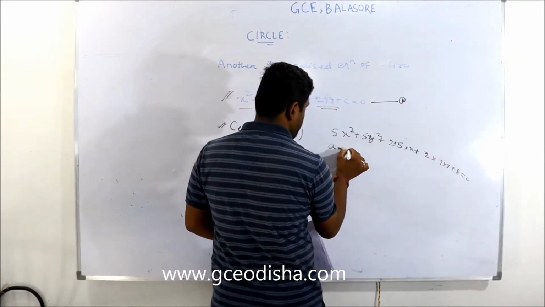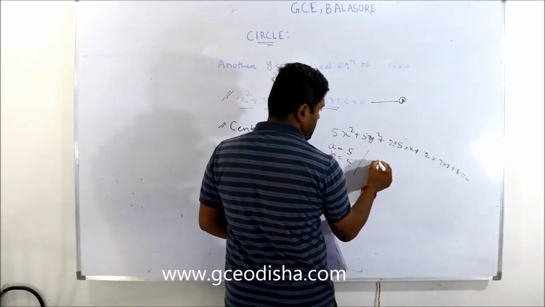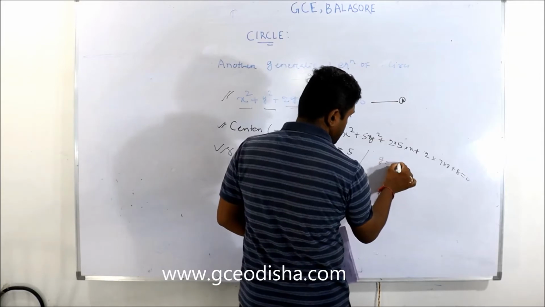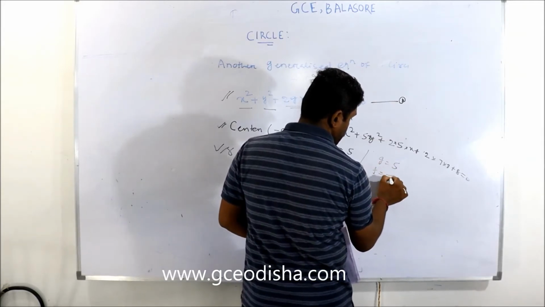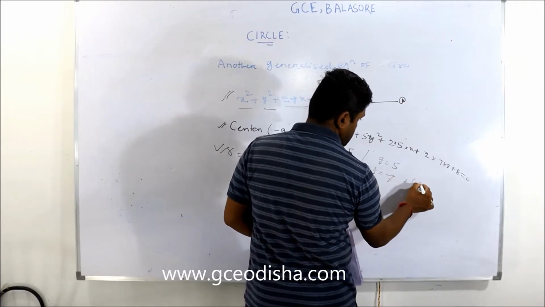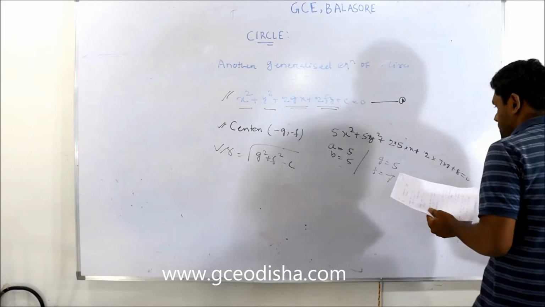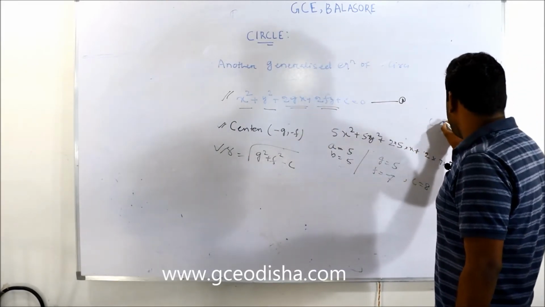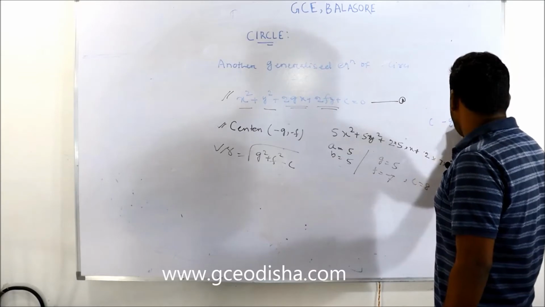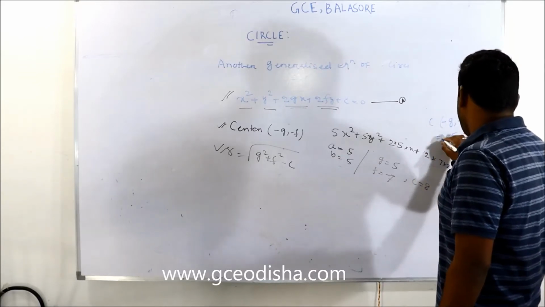What is the value of a? A is equal to 5, b is also 5. What is g? g is 5. And what is f? f is 7. What is c? c is 8. When this is given, we can easily find the center. The center is minus g and minus f, that is equal to (minus 5, minus 7).